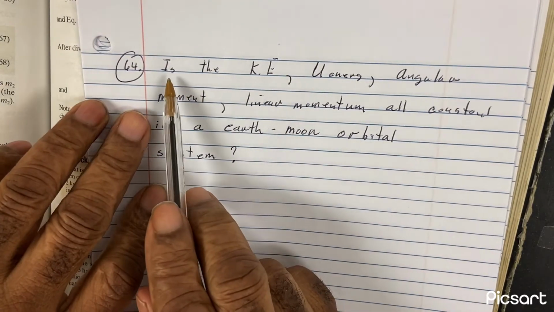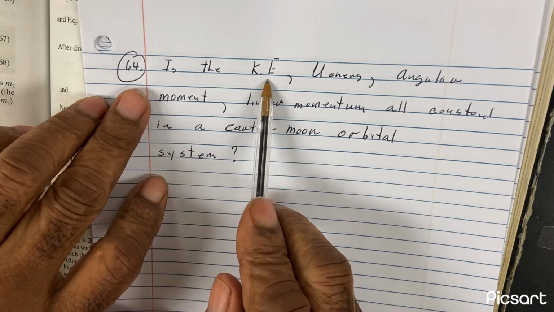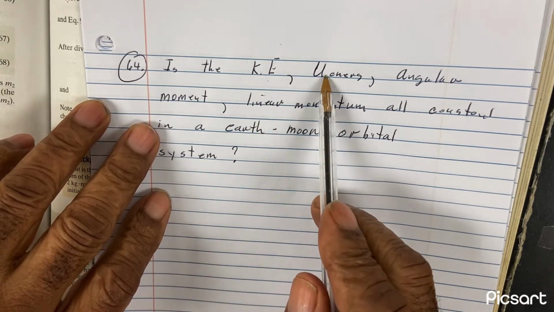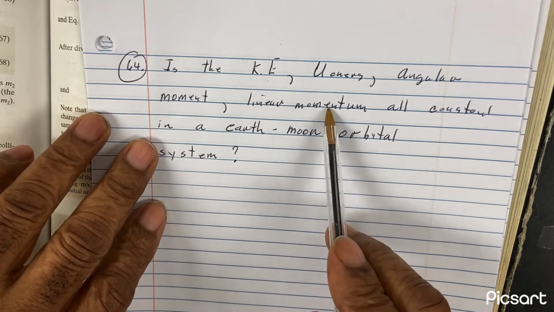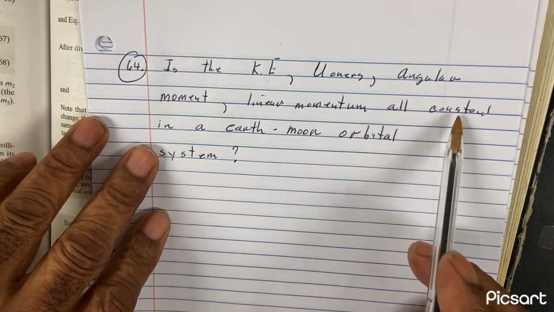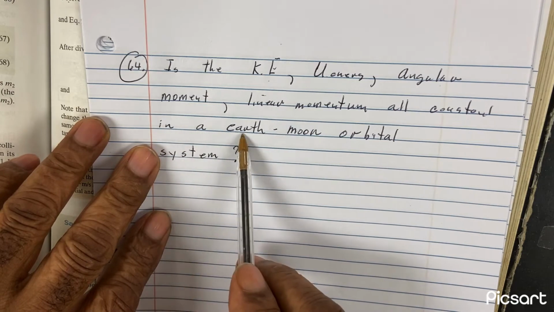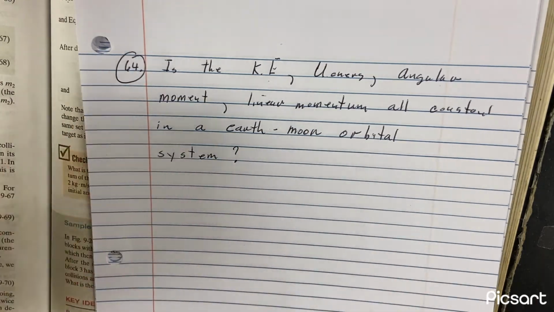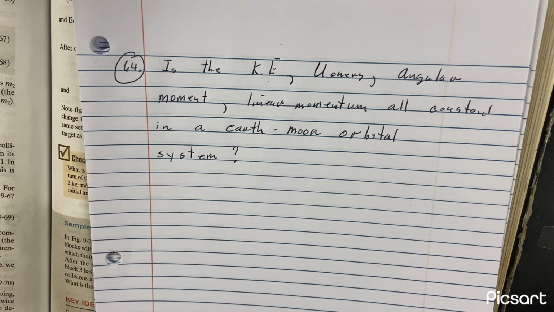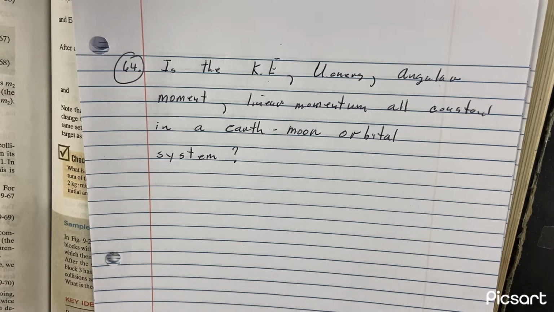And the question is the kinetic energy, potential energy, angular momentum, linear momentum, all constant in a Earth-Moon orbital system? So that's going to be a multiple choice question. So let me just tell you this. The angular momentum is constant.